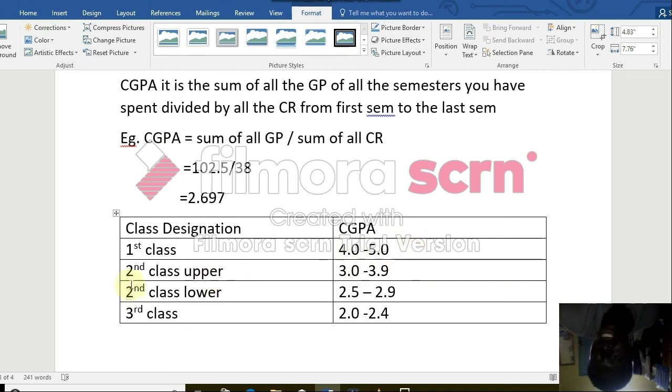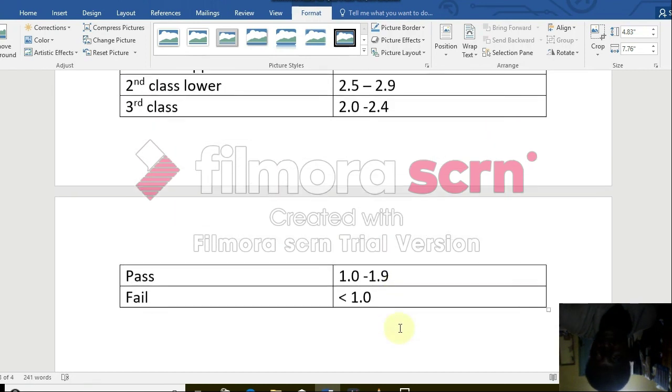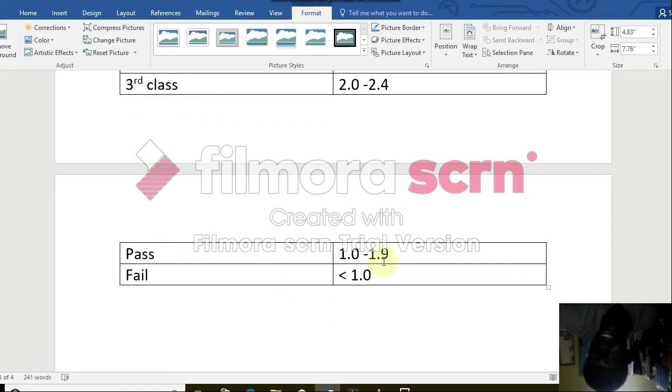Then we have second class upper, which is 3.0 to 3.9. Second class lower, which is 2.5 to 2.9. Third class, which is 2.0 to 2.4. Then pass, 1.0 to 1.9, and fail, anything less than 1.0, it is fail.